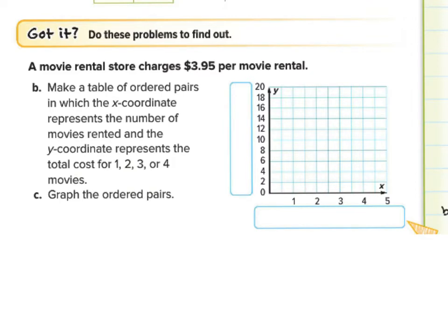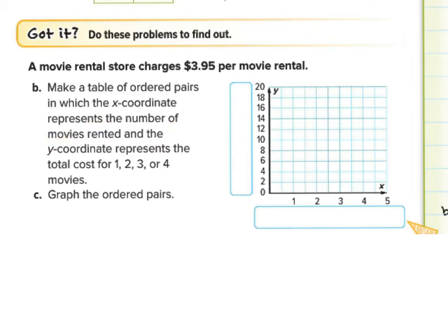Okay, let's take a look at the example we have to complete together now. A movie rental store charges $3.95 per movie rental, so approximately $4. That's why we see that the total cost, or our range, is in increments of 2, so it's easy to round to 4 or 8 or 12, and so on. Make a table of ordered pairs in which the x-coordinate represents the number of movies.